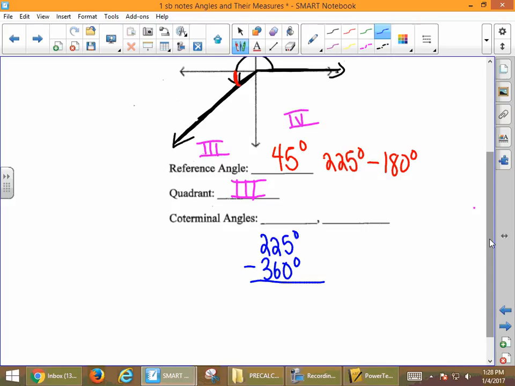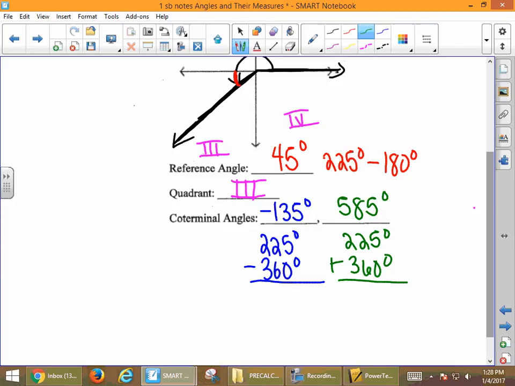And when we subtract 360 degrees from that, we get negative 135 degrees. Or we can take our original angle and we can add 360 degrees to it. And when we add that value to it, we end up with 585 degrees.